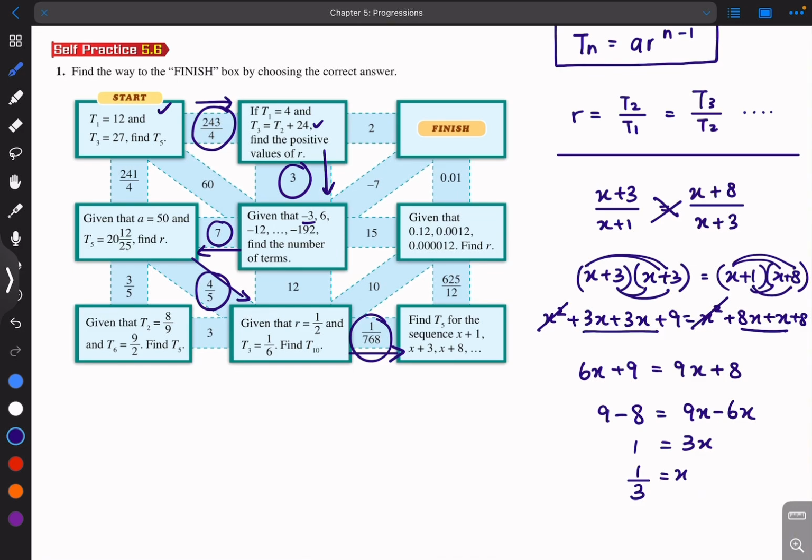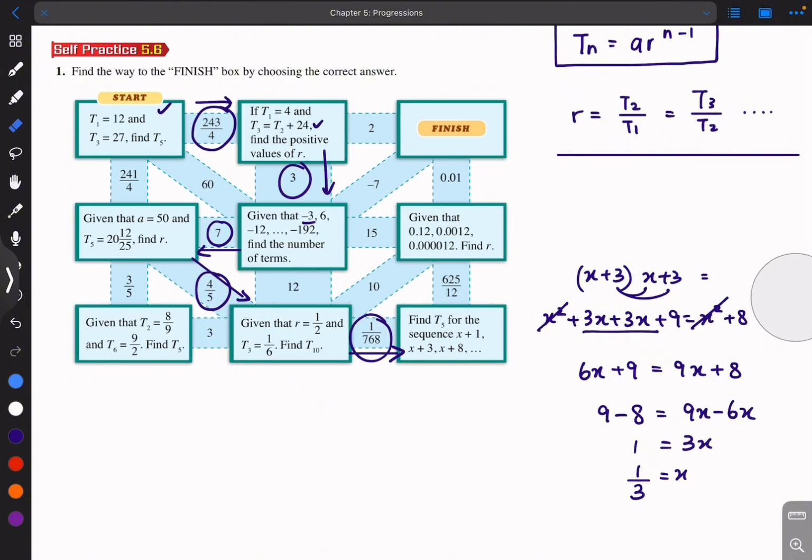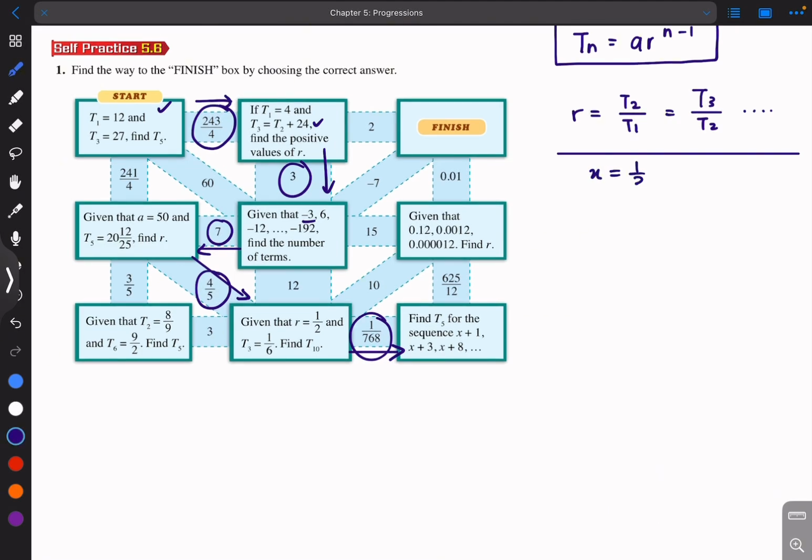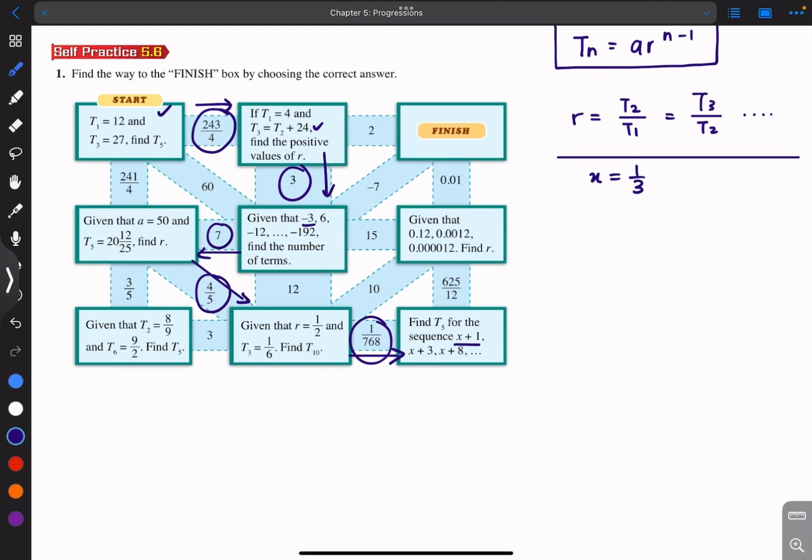Now that we have the value of x, we can go ahead and find our sequence. We know x is 1 over 3. So the first term will be 1 over 3 plus 1, which is 4 over 3.